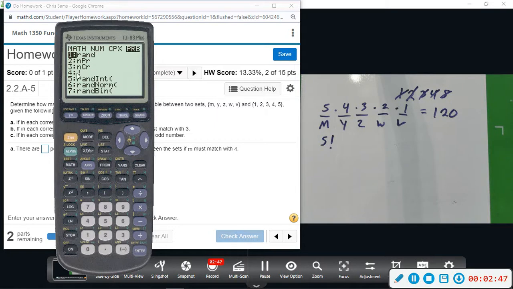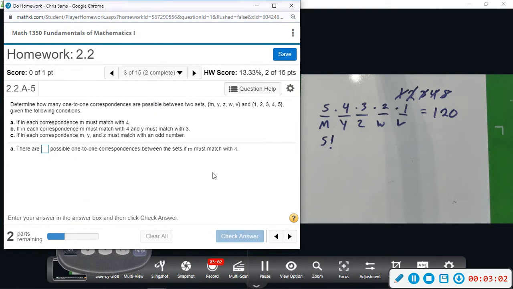And notice option number 4 has that factorial symbol. So first you type the number, then you go math, probability, and number 4, and then when I hit enter, we get 120.